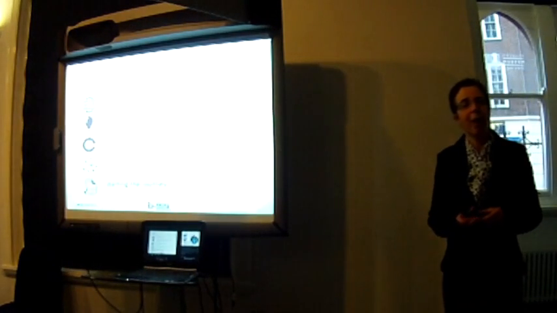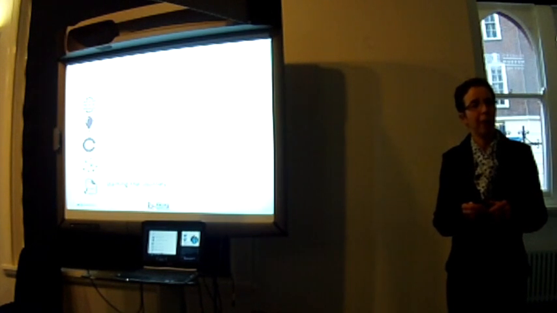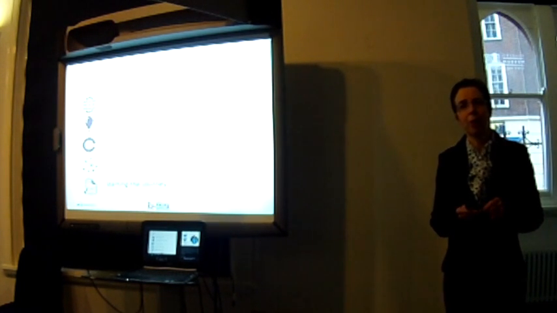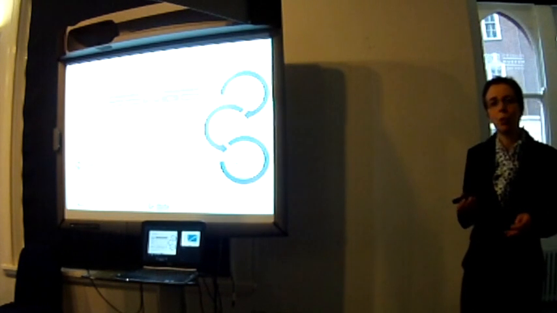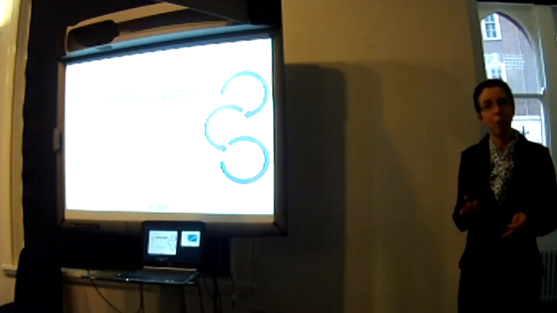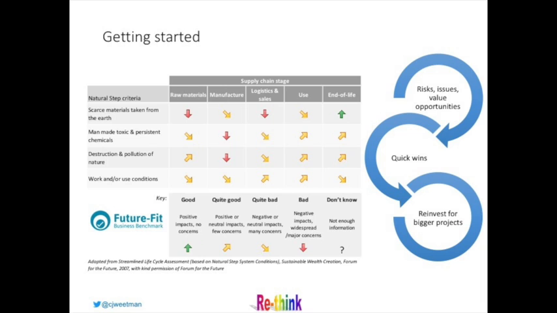So let's think about how you might start the journey if you want to try and move your organisation towards circular approaches. And you could use a tool like the Future Fit Business Benchmark to identify the hotspots. Where are the key risks for both the short term and the long term? Is there a critical resource that's got volatile costs or has some kind of ethical or security of supply issues?